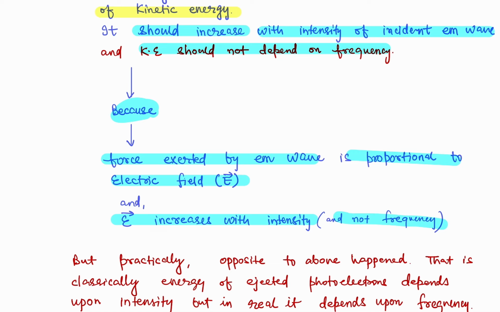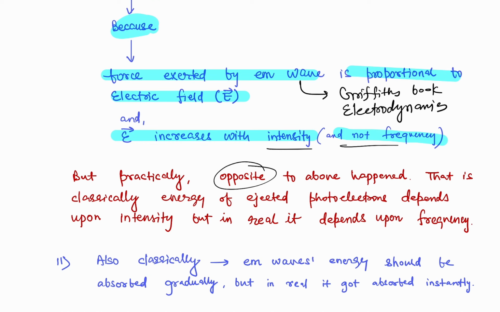If you understand the electromagnetic wave, if you have read it well from the Griffiths book, in this book it is very well explained, how it depends on the electric field.